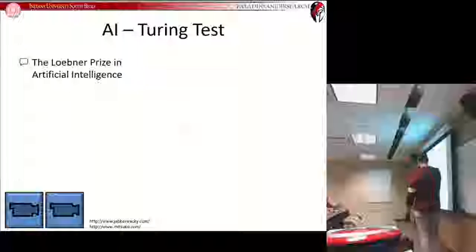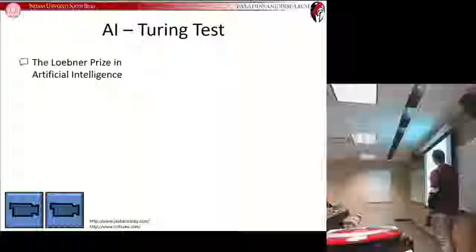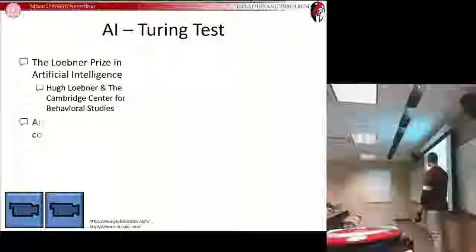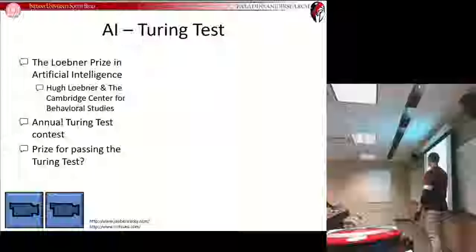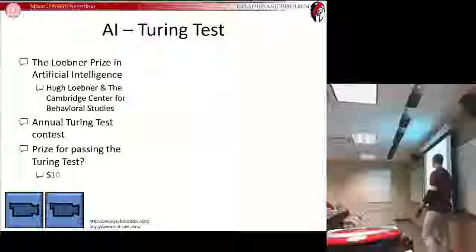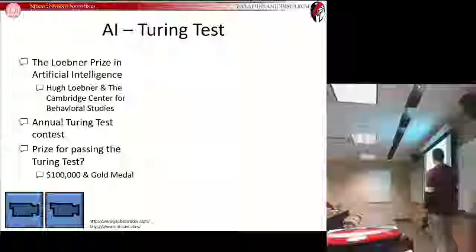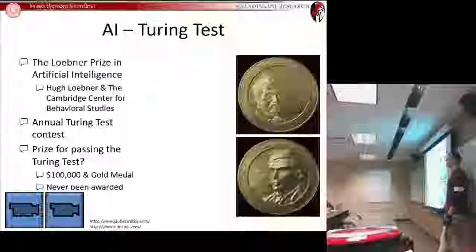So in answer to whether Alexa can pass the Turing test, there is a prize, a Loebner Prize it's called, in artificial intelligence, and it is an annual Turing test contest where people put in their artificial intelligence programs, and the prize for passing the Turing test is $100,000 and the gold medal. So if you submit your program and you can pass the Turing test, you win $100,000 and the gold medal, and so far it has never been awarded.